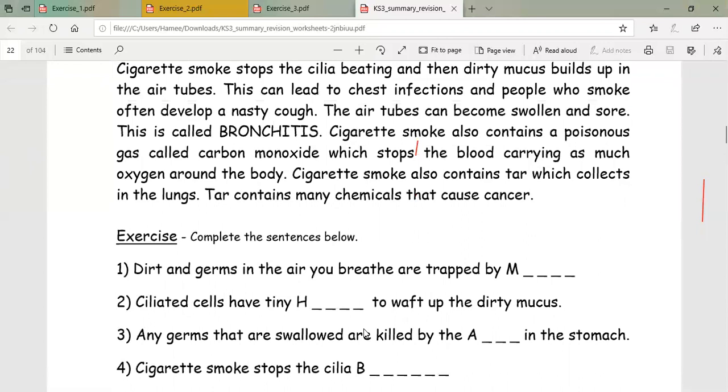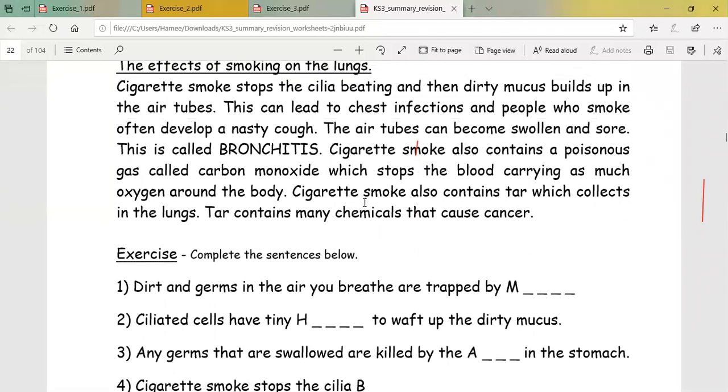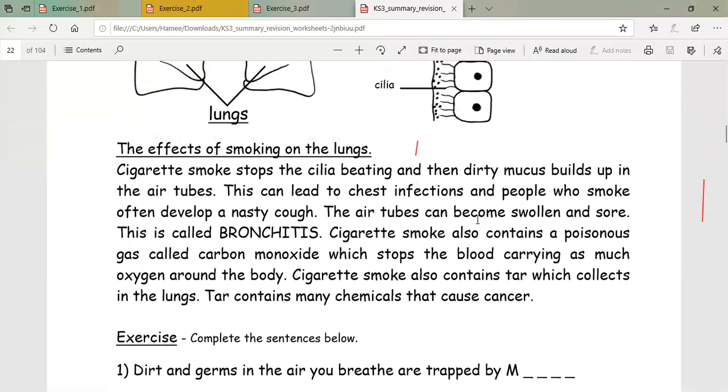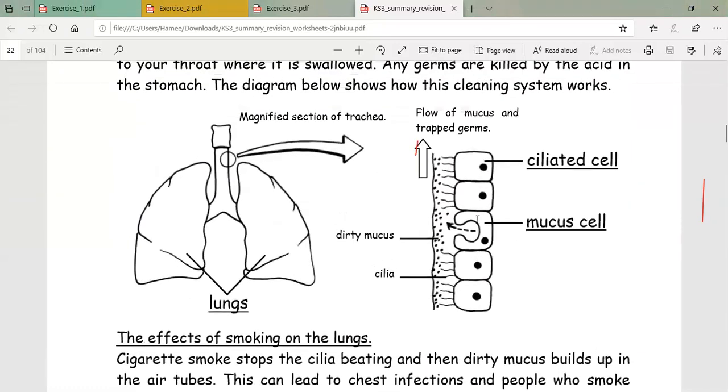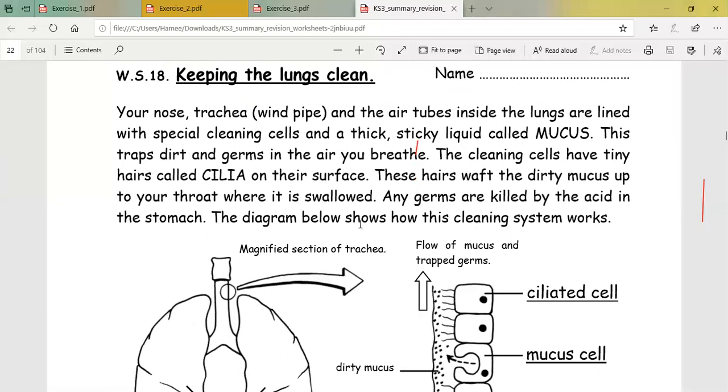Let me find the answer for you. Tar contains chemicals that cause cancer. So the germs are killed by acid. The diagram shows the smoke sticking to the cilia.